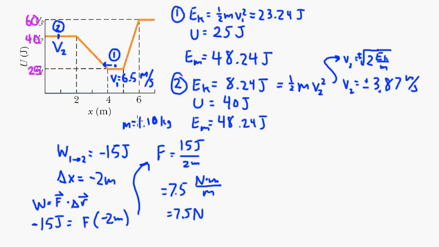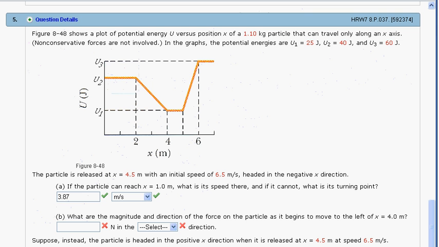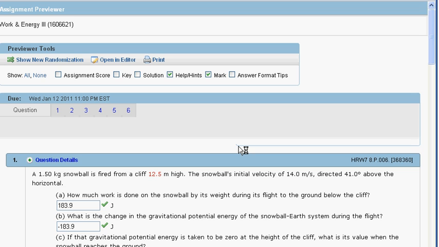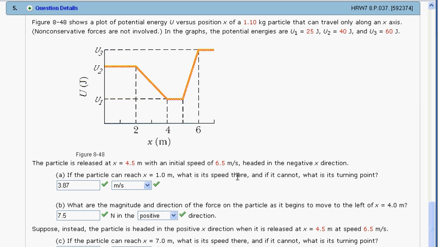That gives us the correct unit. So the force due to this potential on the object as it's moving up here is 7.5 newtons in the positive x direction. Okay, so let's go to 5 and boom.